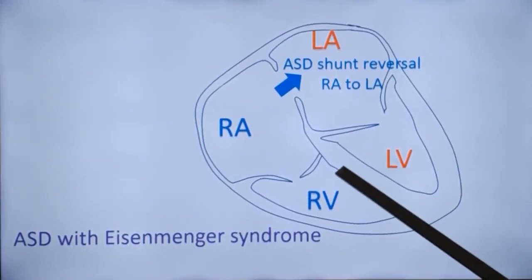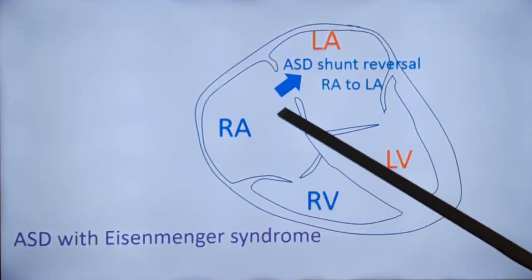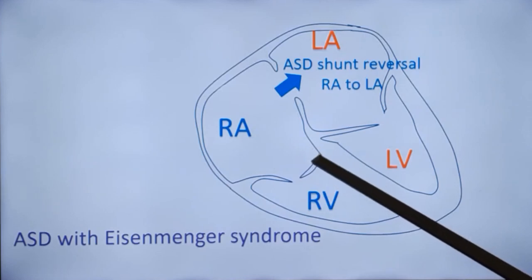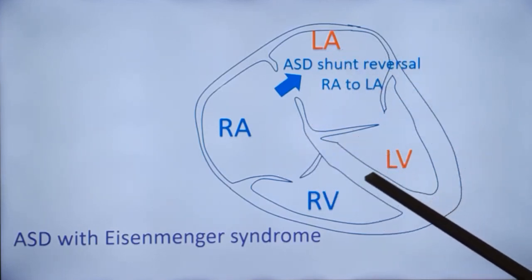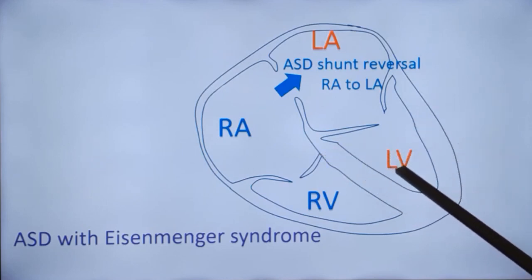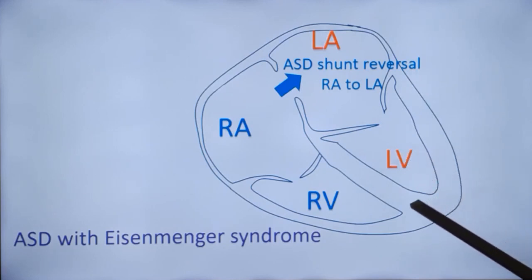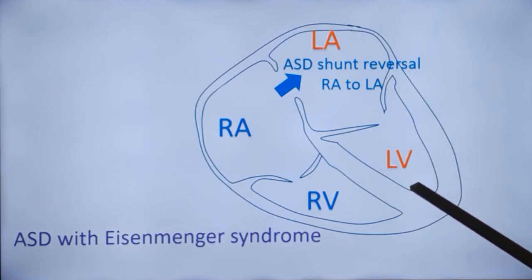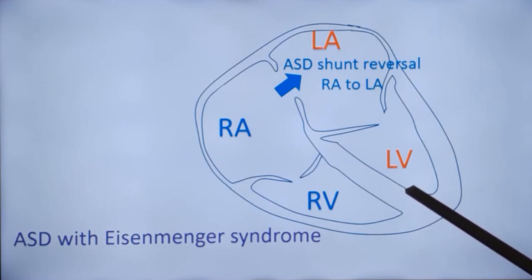Another difference is that the right atrium is grossly enlarged in ASD. It produces cardiomegaly on X-ray in ASD Eisenmenger. In the other two Eisenmenger syndromes, even though they may have cardiomegaly when there's a large left-right shunt in infancy, the cardiac size regresses when pulmonary hypertension develops and shunt decreases.